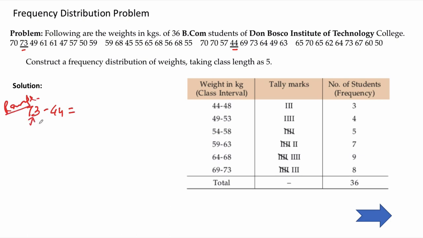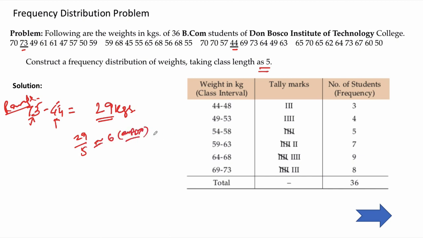Maximum weight minus minimum weight is the range, 73 minus 44. So the range is nothing but 29. Now as it is said that we need to have the class length of 5, 29 divided by 5 is approximately 6.